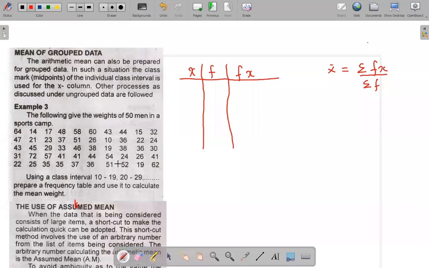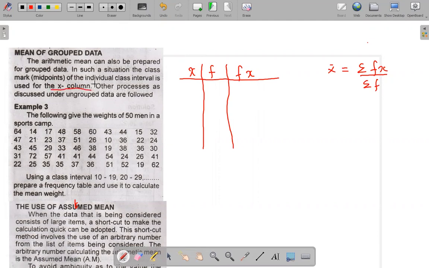We have to calculate the mean of this set of data. In this case, there is no particular item that will fit into this X column here. So for us to get the X column, we will use the class mark of each of the intervals. The class mark of each of the intervals will fit into the X column.